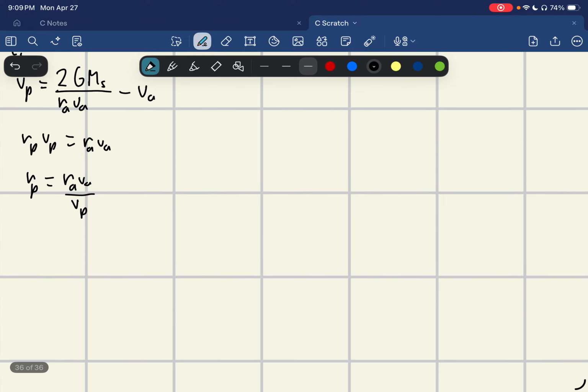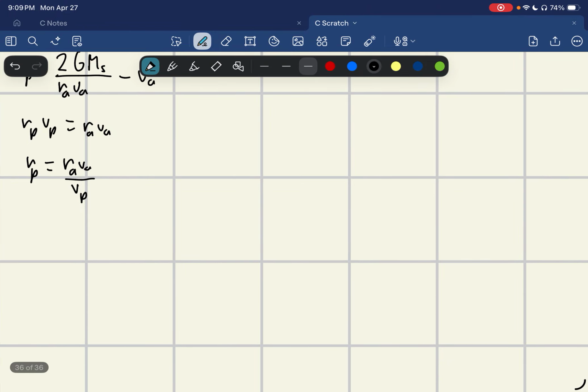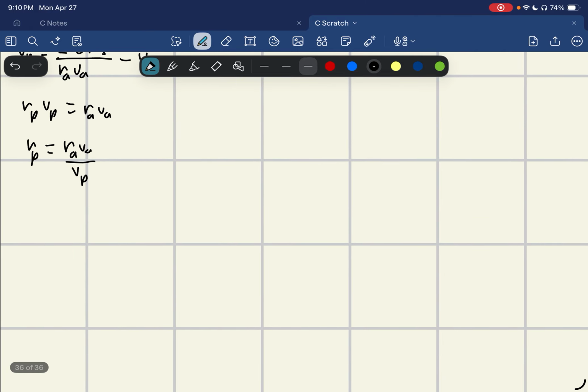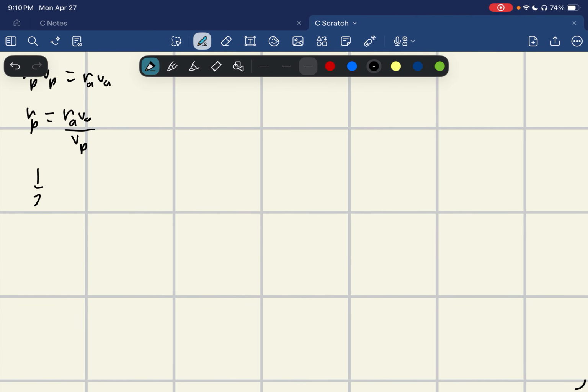And here I would look at the conservation of mechanical energy equation that we found in part B. So 1/2 m vp squared minus G Ms m all over rp is equal to 1/2 m va squared minus G Ms times m all over ra.